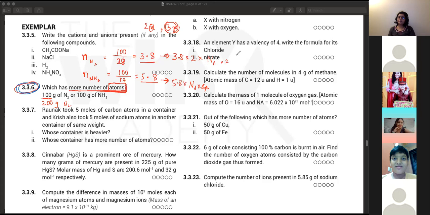So 200 grams of nitrogen is going to give me 3.8 into 4 into Na. And this I'm keeping the same. So this is 5.8 into 4 into Na, right? So when you compare both of these, which one is greater? Which one will have more number of atoms?